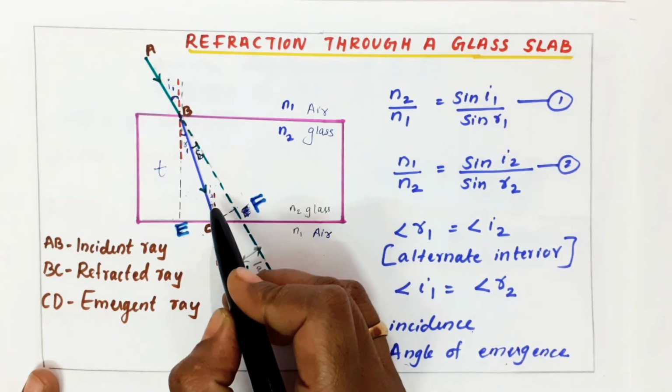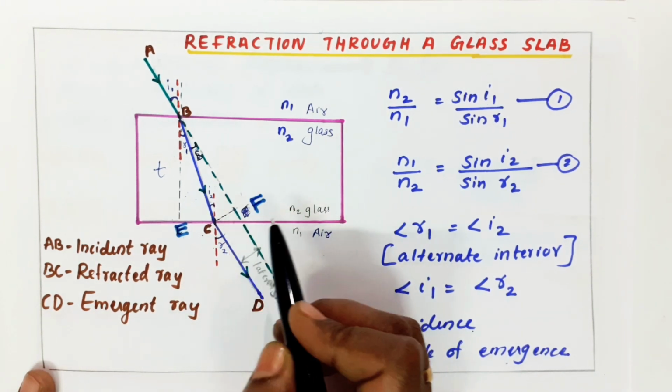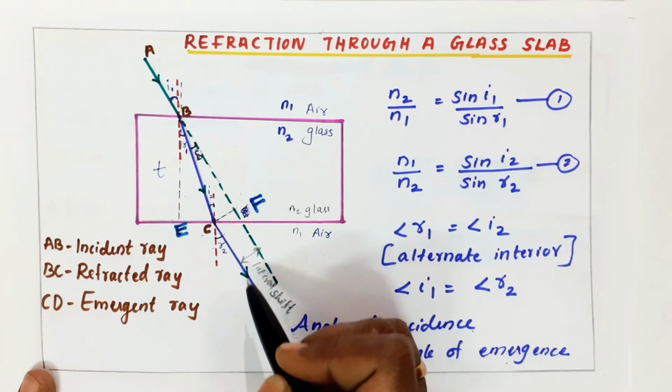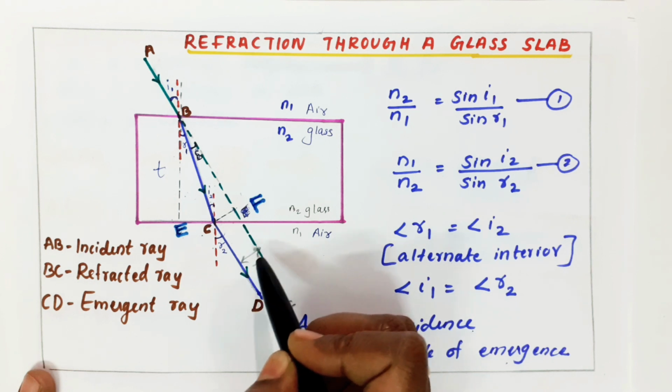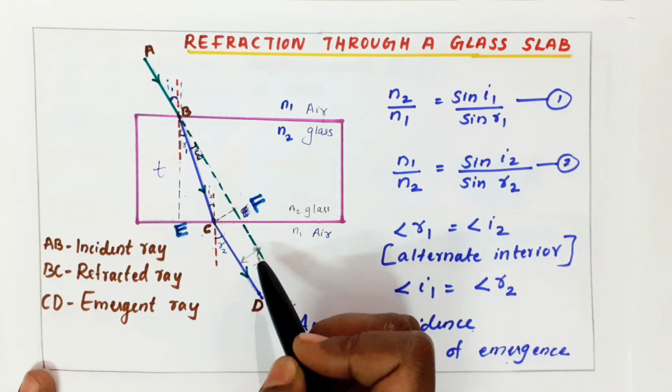For the second interface, this is the angle of incidence and this is the angle of refraction. If you see the emergent ray, you can see that it is displaced this much. This perpendicular displacement is called the lateral shift.